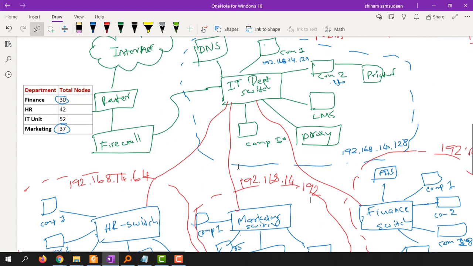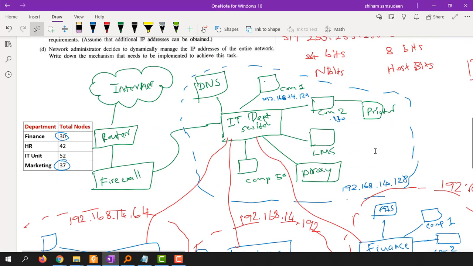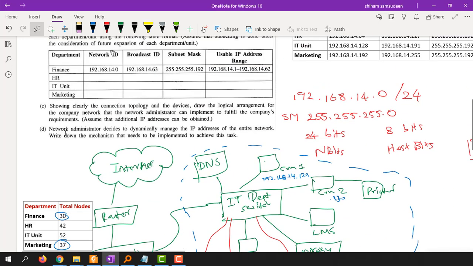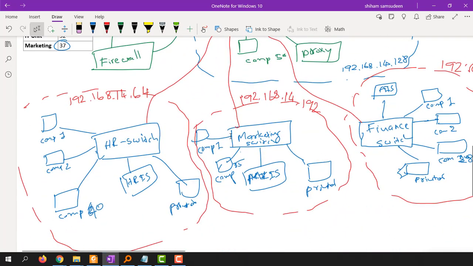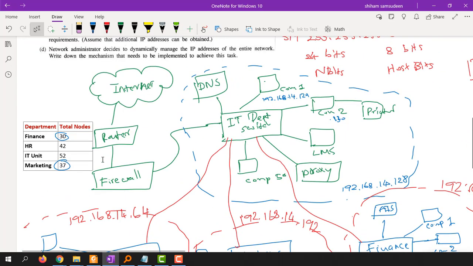So this assignment of these IP addresses to these networks, he decides to manage it dynamically. Write down the mechanism that needs to be implemented to achieve this. So one way you can do that is go manually and assign these IP addresses to each of these local area networks.